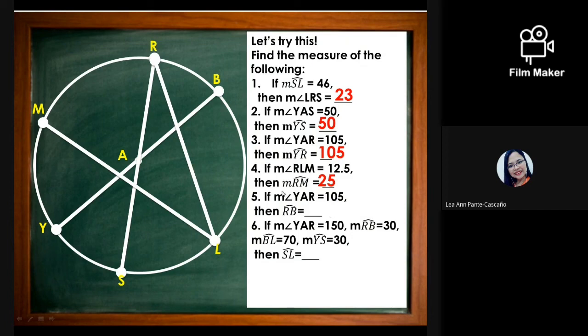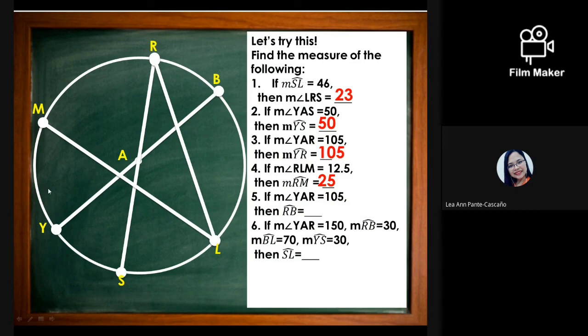Number 5, if the measure of angle YAR is 105, then what is the measure of arc RB? Kung papansin po natin, this line passes through the center and this is diameter. At alam natin na ang diameter ay nagdi-divide sa circle sa dalawa.